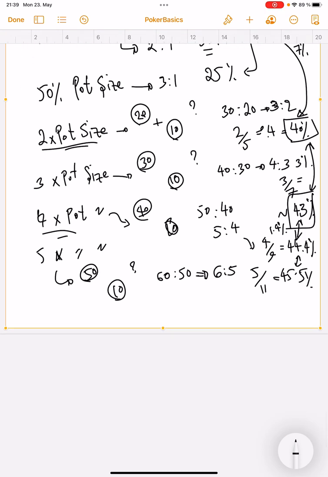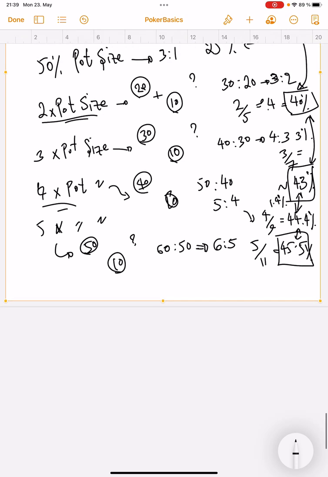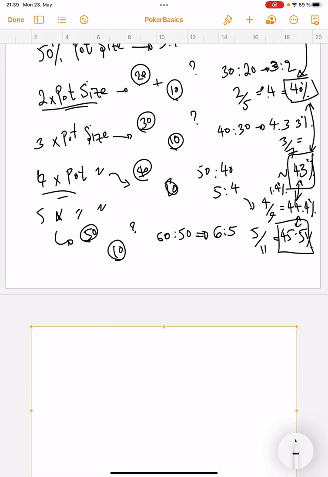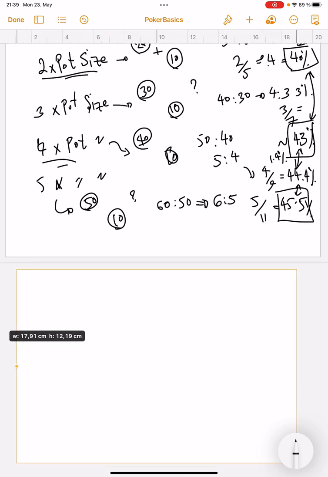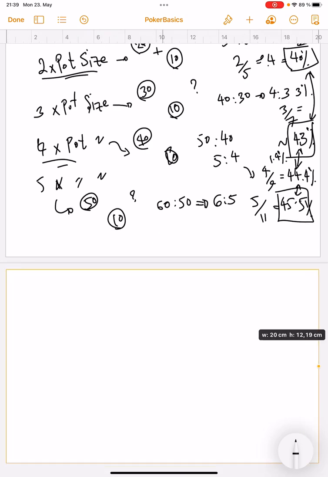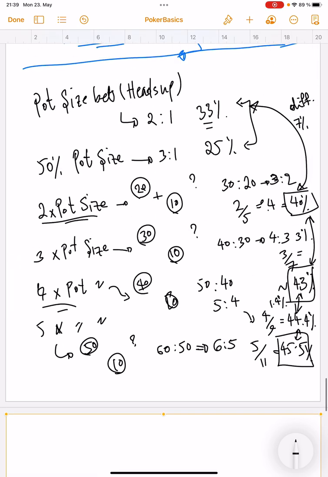So now you understand that you are basically reaching some plateau, you may call it, with 45% as you go up until 5 times the pot size. And believe me, 5 times the pot size is really huge already, right? So you're reaching 45% in terms of pot equity.